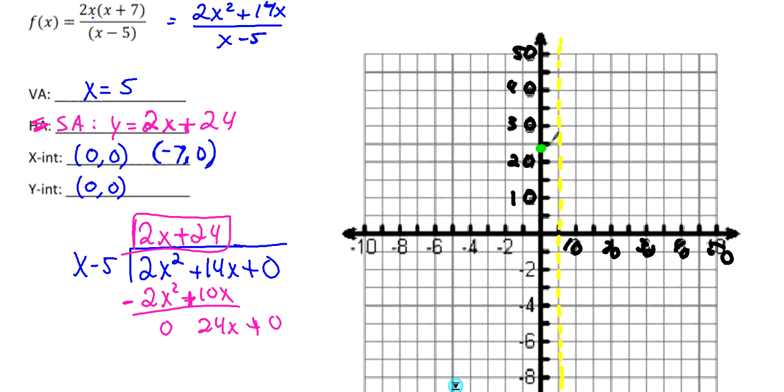So it's going to look something like this. Okay, we have an intercept here at 0, 0, and another one at -7, which is going to end up right there. Okay, so there's all my information.